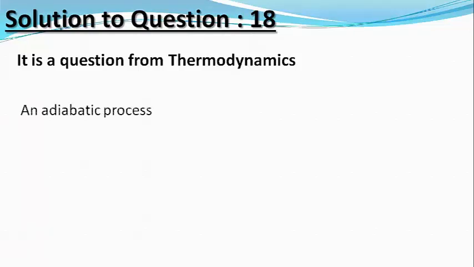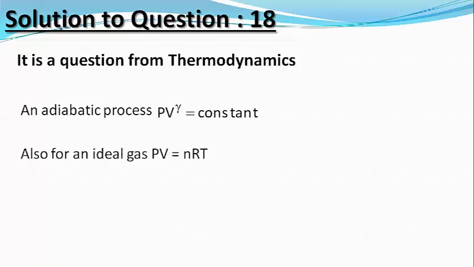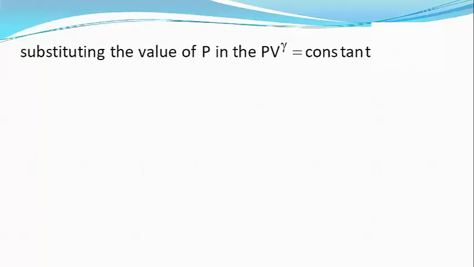We know for an adiabatic process, P V raised to power gamma is a constant, and also for an ideal gas, P V equals nRT, or P equals nRT divided by V. Substituting this value of P in P V raised to power gamma equals constant, we get T into V raised to power gamma minus 1 equals constant.